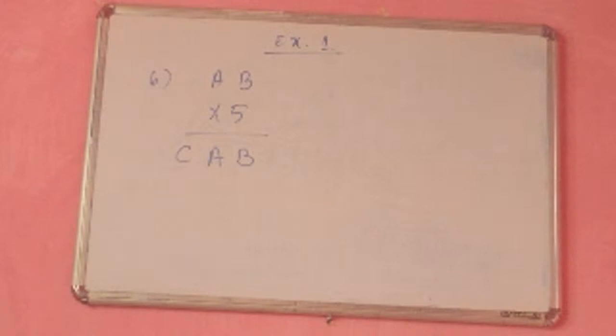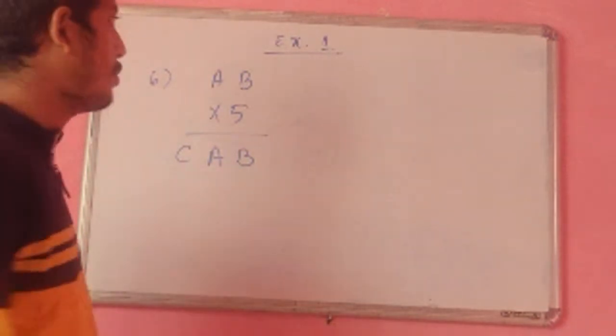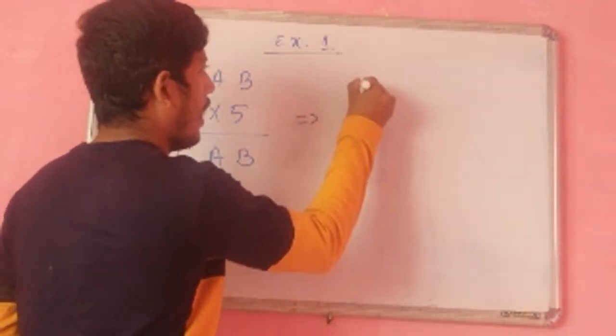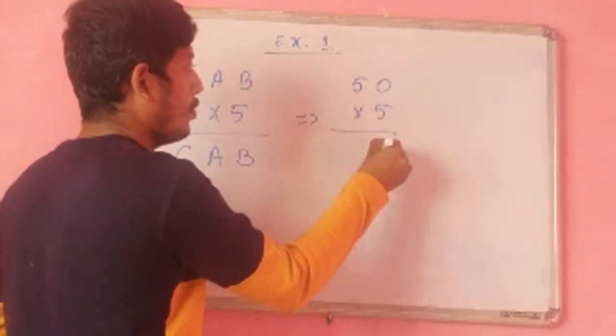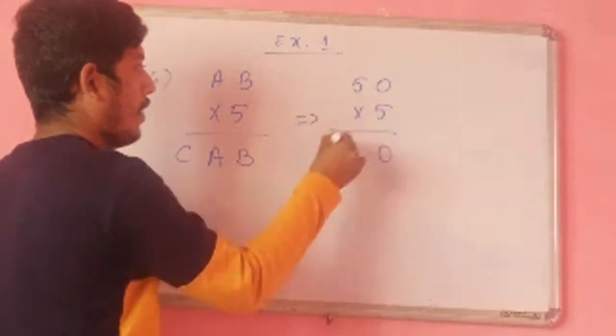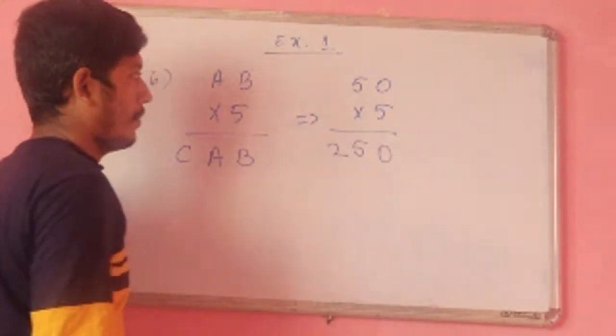So again, use different values for the substitution. Okay, again in this case, I will substitute the value of A as 5 and B as 0. 5 into 0, 0. 5 5s are 25.